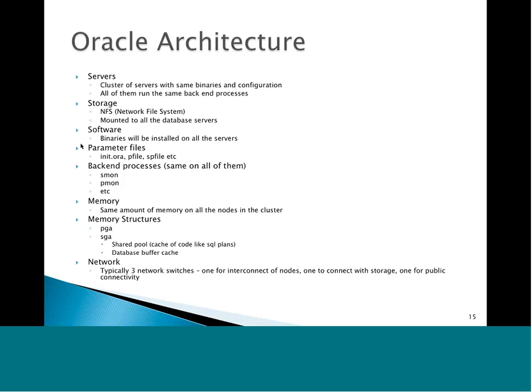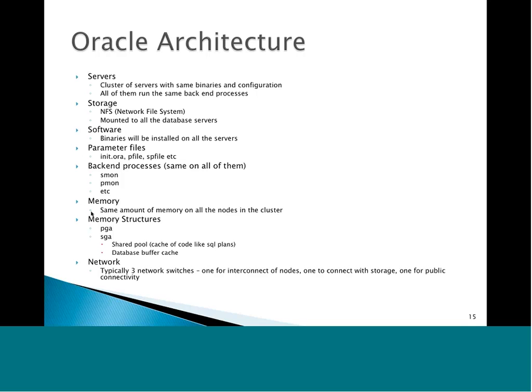Okay. So now we are talking about parameter files with respect to Oracle: init.ora, pfile, spfile, etc. The ones which you typically use. And then the backend processes are these, SMON, PMON, etc. And memory will be the same on all the nodes in the cluster. Otherwise, you will start running into issues. And also, in the backend processes, there will be services like CRS to coordinate between the nodes.